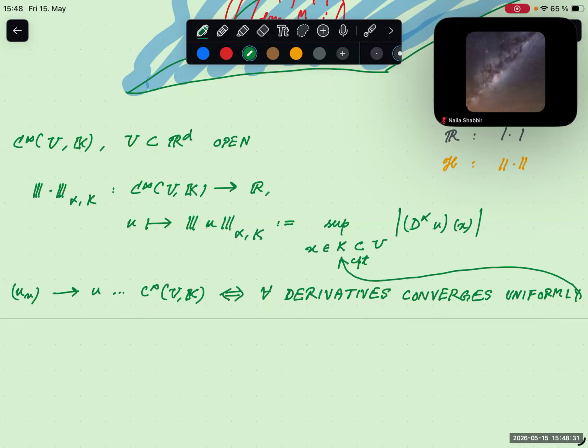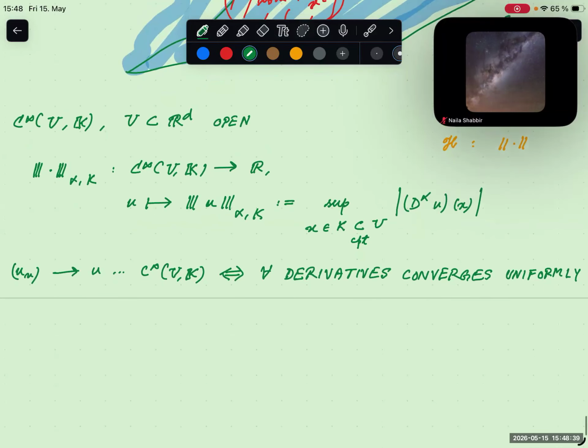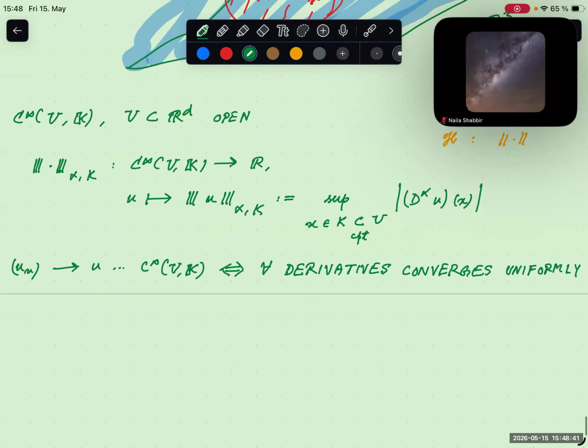Okay, and once you have that, so now we endow the smooth functions on U with this seminorm. And that defines a topology because we have a notion of convergence.